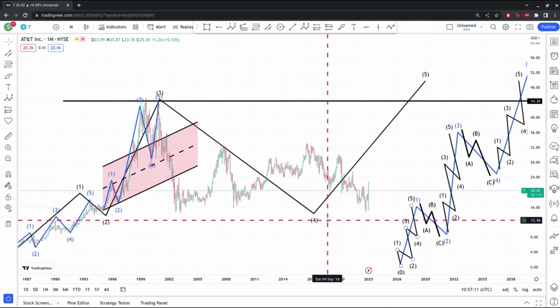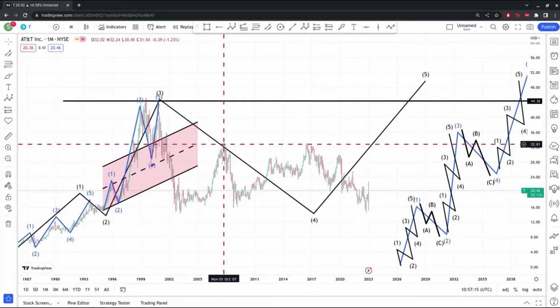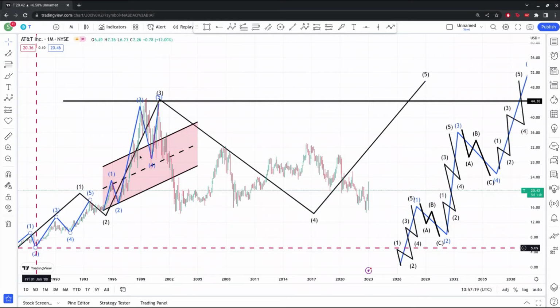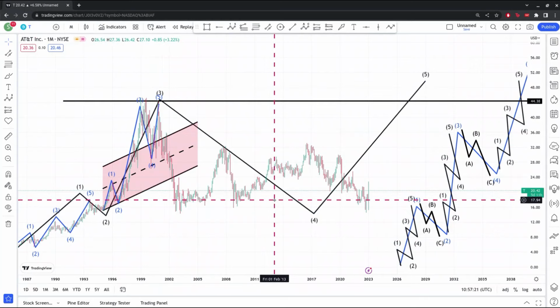So now we are on the 4th wave. It is a corrective wave pattern. Why? Because it goes against the trend. We have an uptrend, and you have something that goes against the trend.